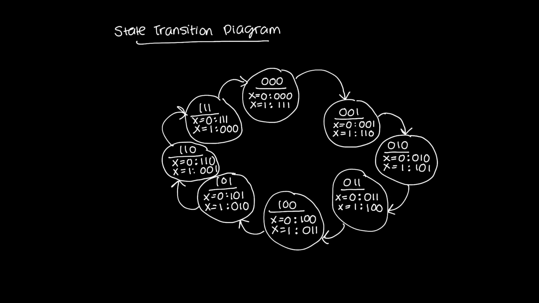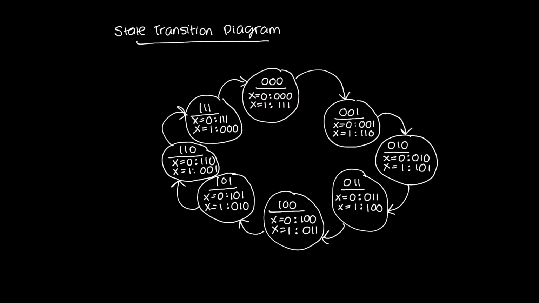I've indicated the outputs using this convention where I have the state on top, then a bar, and under the bar, I'm displaying the outputs. And the outputs are conditional on the input.